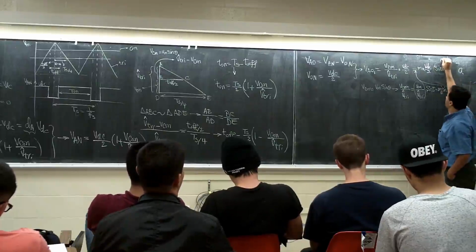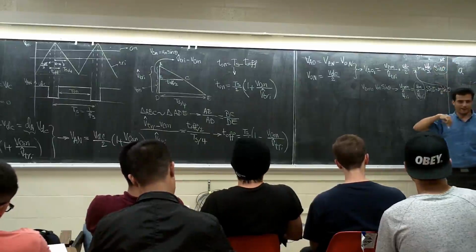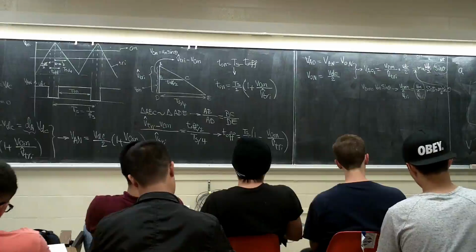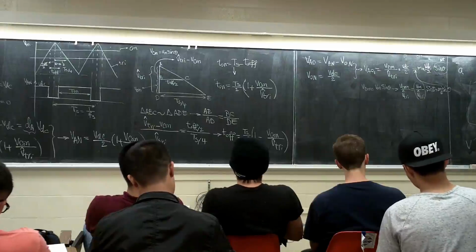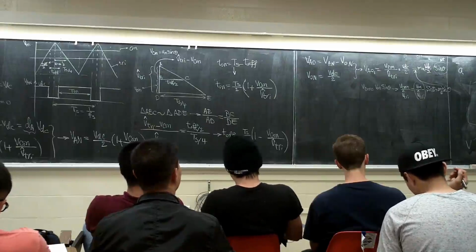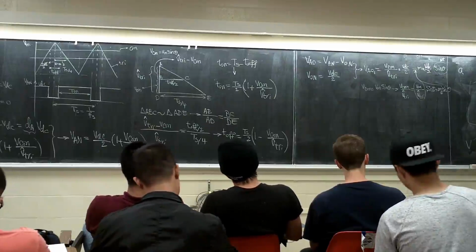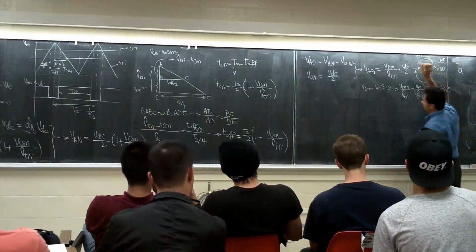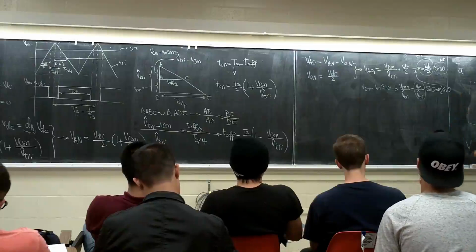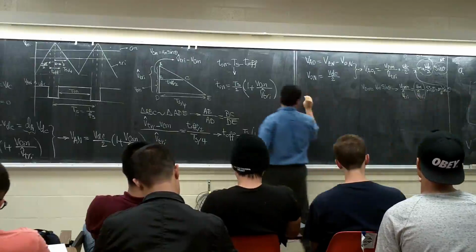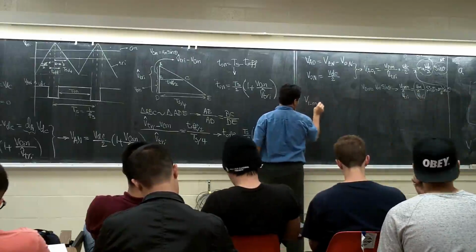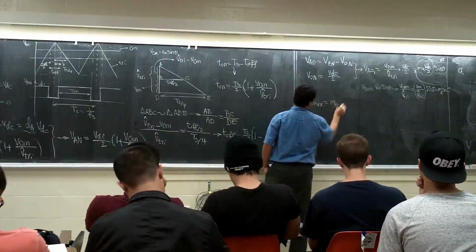Theta is omega t. This is the fundamental harmonic of the output. I don't have the rest of the harmonics here. But what I did calculate, I know the V1 max is going to be this much, right? So V1 max, how much is it?